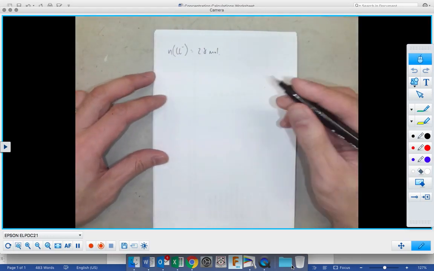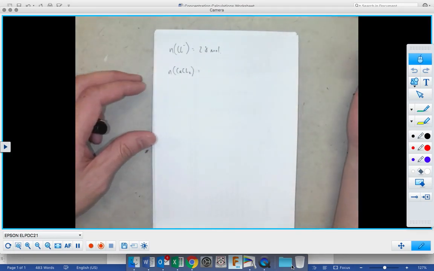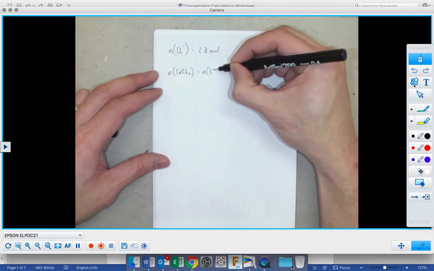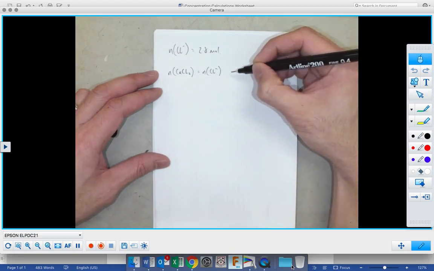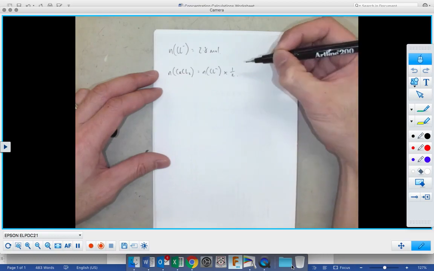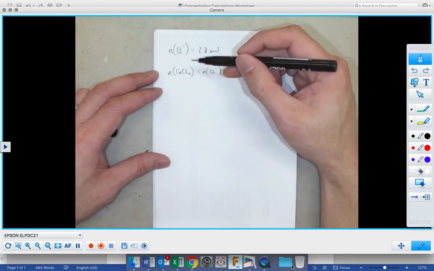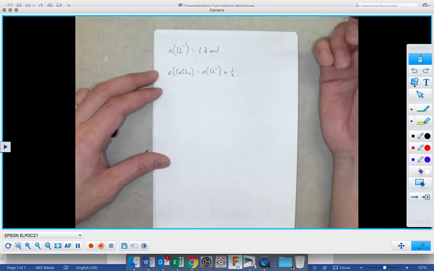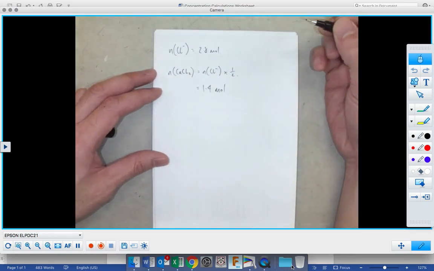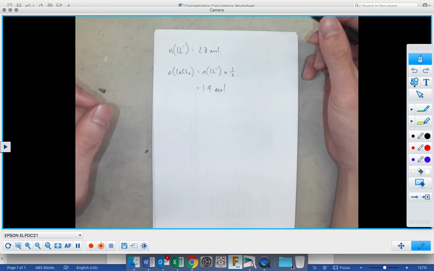How many moles of calcium chloride do I need? So let's have a think. The number of moles of calcium chloride will be related to the number of moles of chloride ions times 1/2, because for every two chloride ions there's one calcium chloride, which means I only need 1.4 moles of calcium chloride.